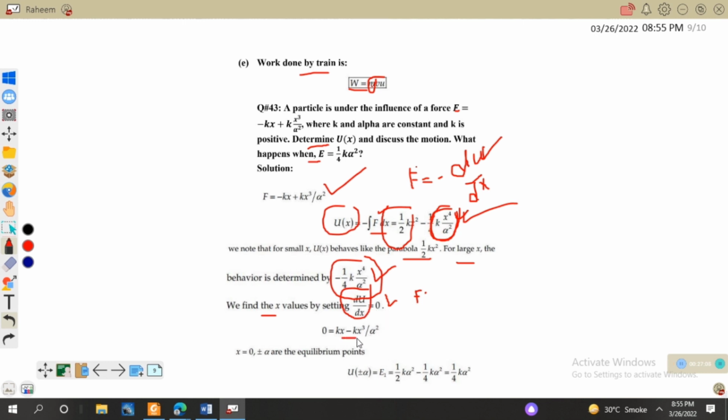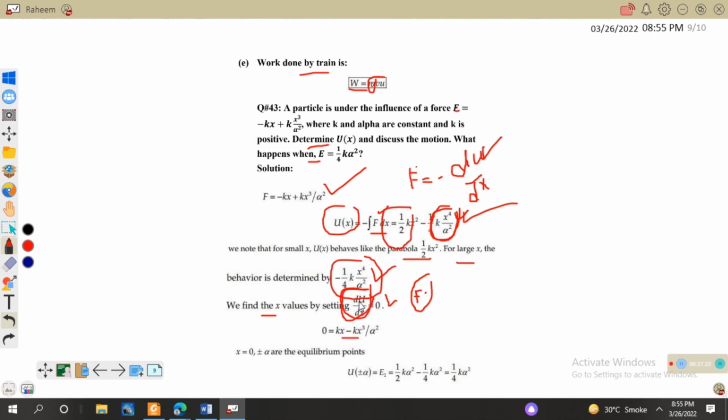Because we are seeking just the equilibrium point. If force at any point is equal to 0, it means at that point no force is acting and our body will be in equilibrium. So putting dU over dx equal to 0 means we are seeking the equilibrium point, and F equal to 0 has the same meaning.